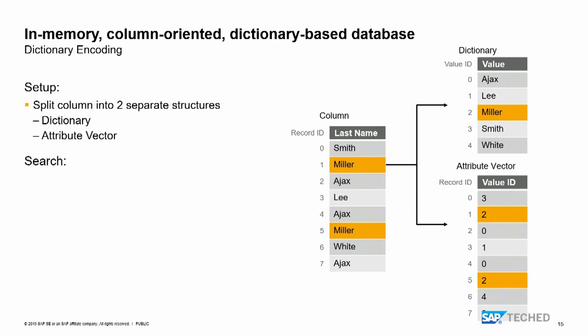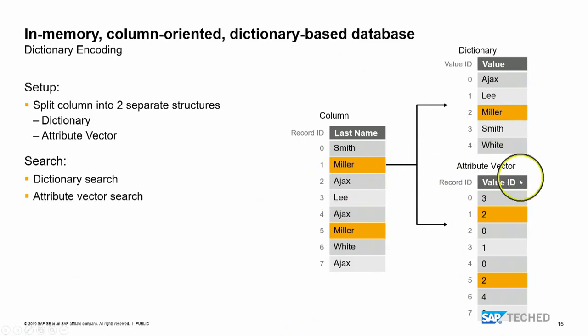If we now want to perform a search, it's a two-step process. First, we always perform a dictionary search. So again, to our example, I want every value that's Miller. I first go to the dictionary, search for Miller, go through it, and okay, Miller's at value ID 2. Then I perform an attribute vector search.